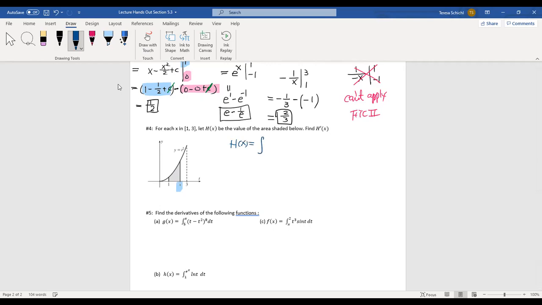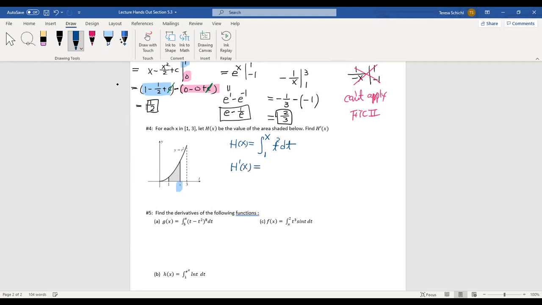So h of x is the integral from 1 to x, because I try to find the area. That's what we define as definite integrals. Now, what is the function? The function is t squared dt, correct? All right, now I want to find h prime x.